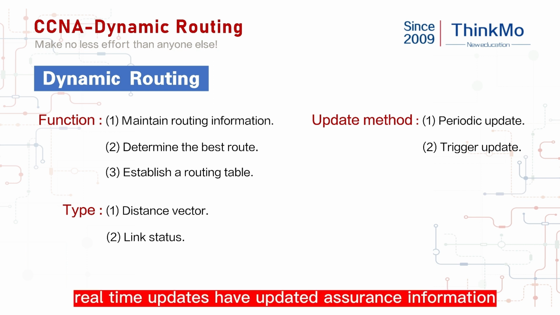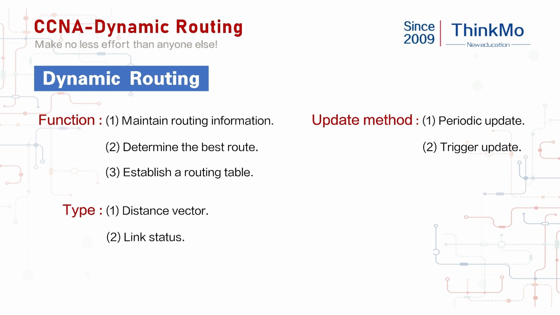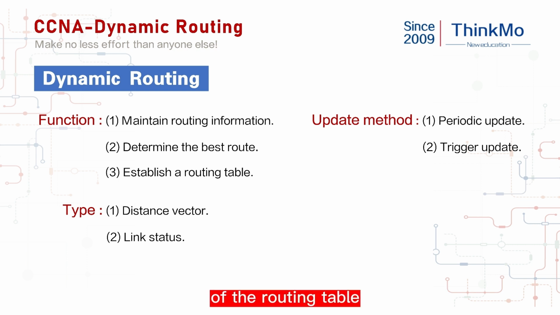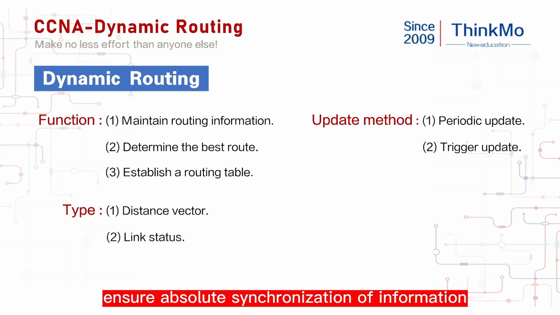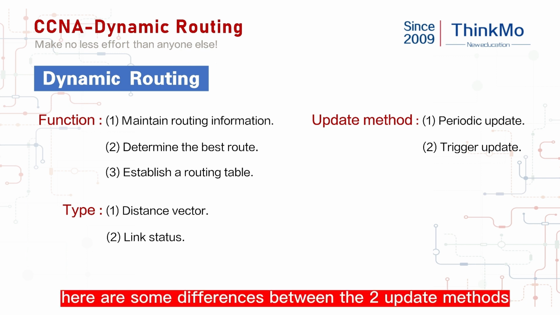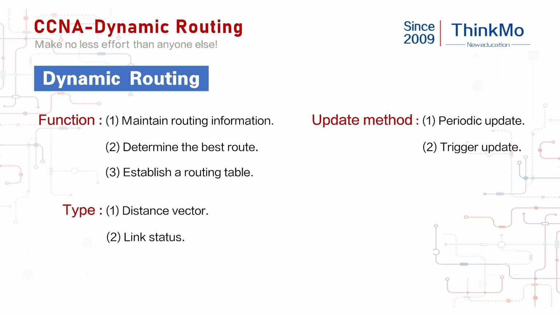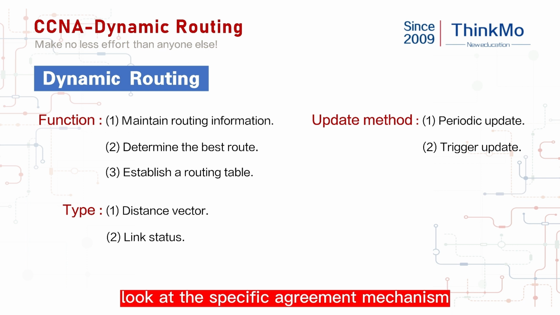Triggered updates ensure real-time updating of changed information. Periodic update ensures the overall information interaction of the routing table. OSPF does it once every 30 minutes, ensuring absolute synchronization of information between devices. These are the differences between the two update methods, but not every routing protocol has both. EIGRP only triggers updates, while OSPF has both. Look at the specific protocol mechanism.